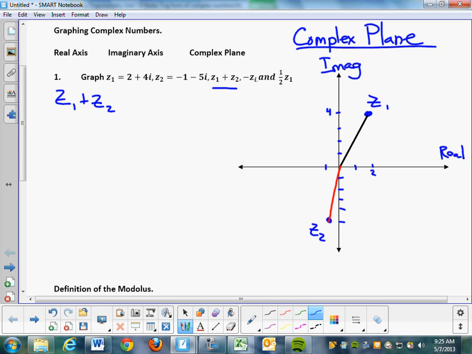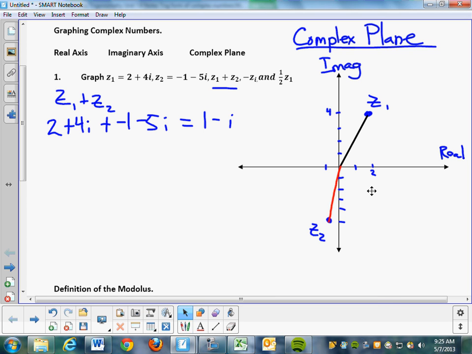If I take 2 plus 4i and add that to negative 1 minus 5i, I get my new term: positive 1 minus i. So I can graph that by going over 1 and down 1. So again, that would be the graph of z1 plus z2.